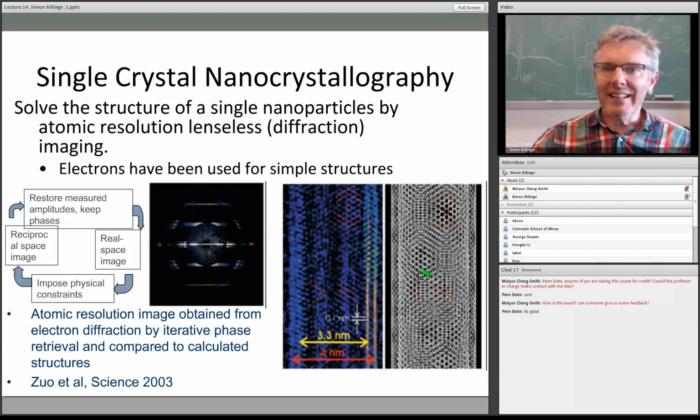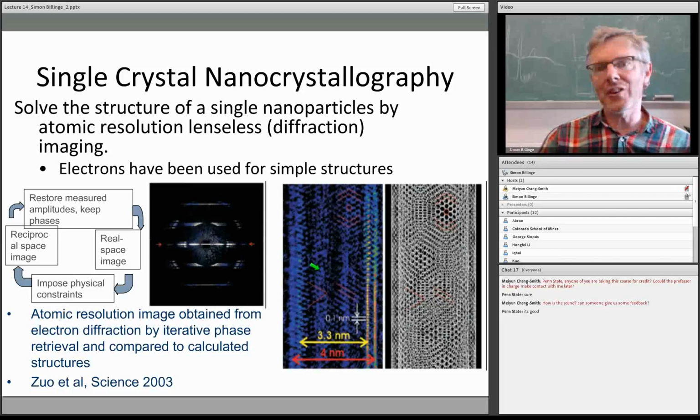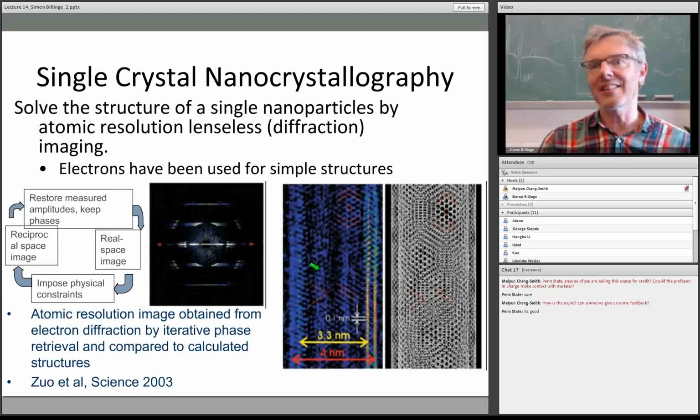So you can see the structure here, but this is just an image. It's not really a structure. What we mean by a structure is a set of coordinates, and what we have here is a high-resolution image with blobs. To turn this into a structure, we need a three-dimensional image and some kind of tomographic reconstruction that tells you exactly where the atoms are located in 3D.